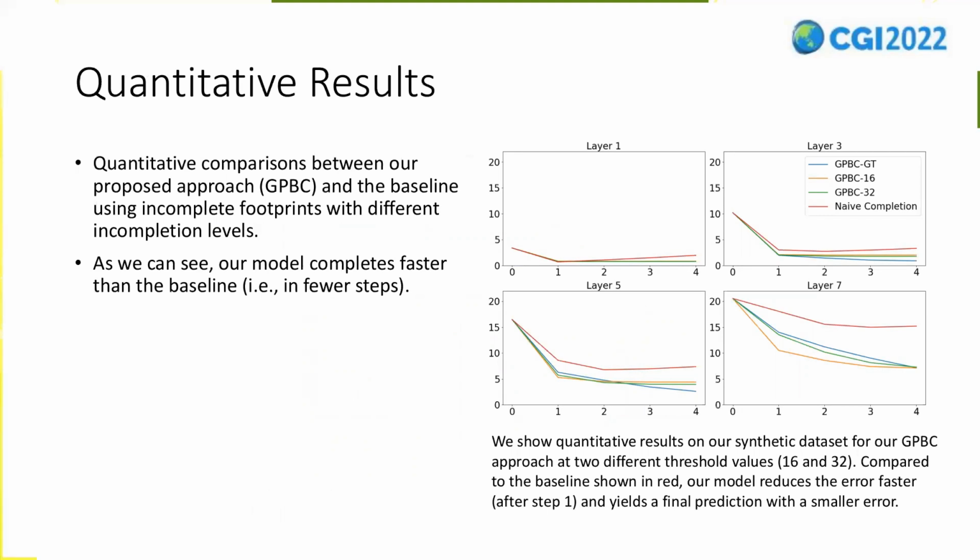We show quantitative results on our synthetic dataset for our JPBC approach at 2 different threshold values, 16 and 32. Compared to the baseline, which is the red line, our model reduces the error faster and yields a final prediction with a smaller error.